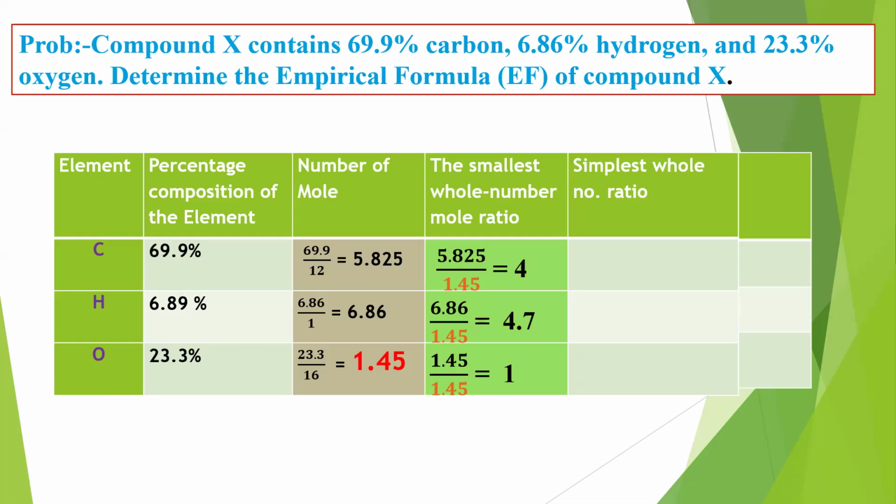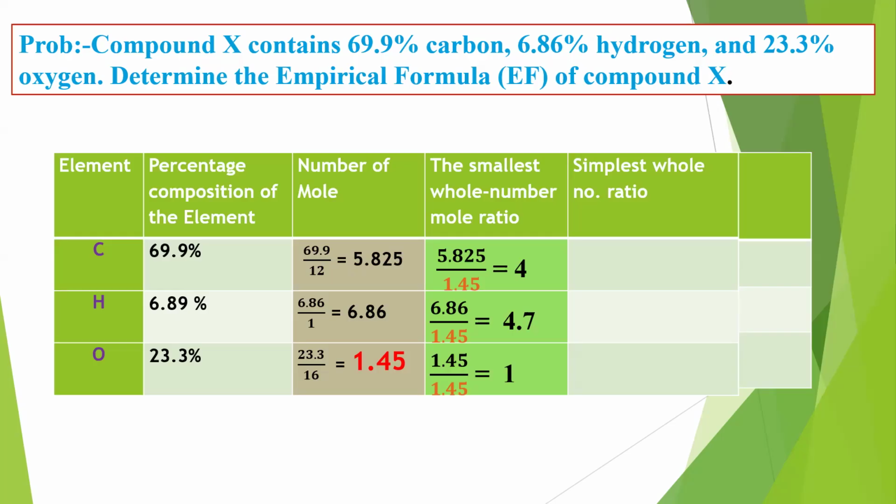Then hydrogen, that is 6.86 divided by 1.45. Again here, 1.45 divided by 1.45. Why? Because oxygen has the lowest value, 1.45. Whatever it may be, suppose 3 elements or 4 elements are there, you have to select the lowest value. Lowest value is 1.45. Then dividing by 1.45, here you will get 4, 4.7.